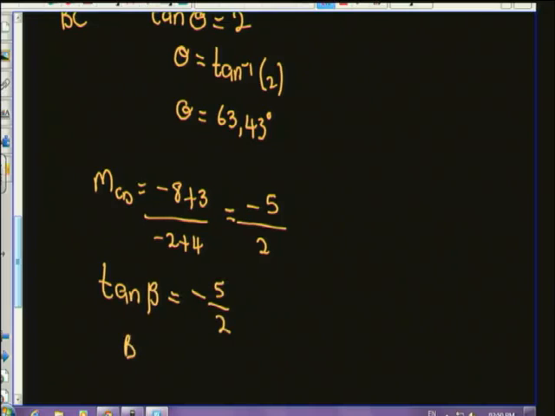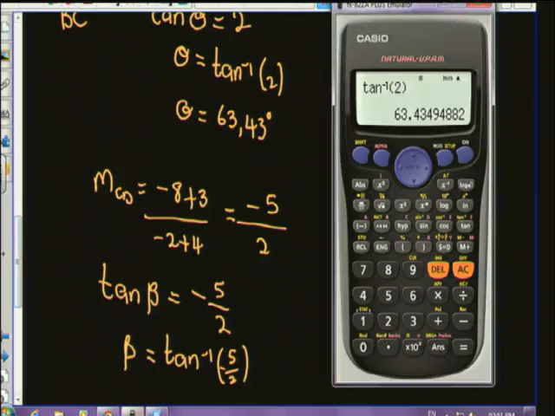So in order to work out beta, we take the inverse tan of -5 over 2. Sorry, it's a negative. Right, let's bring up our calculator. Let's clear that. No, sorry, I want shift tan, of -5 over 2.